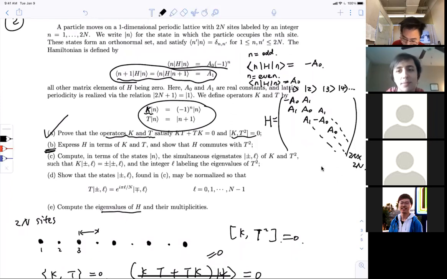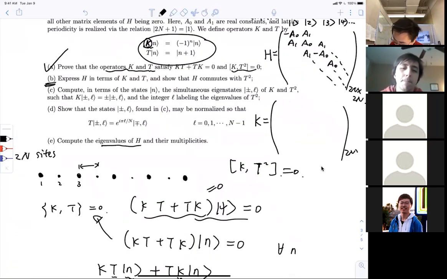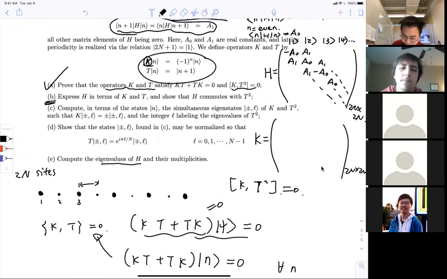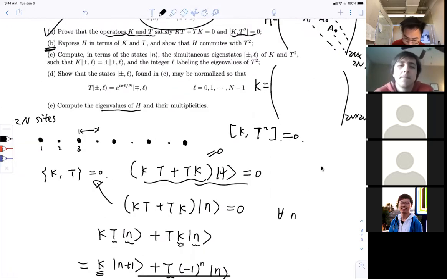Now let's see what K is in matrix form. K is also a 2N by 2N matrix, right?